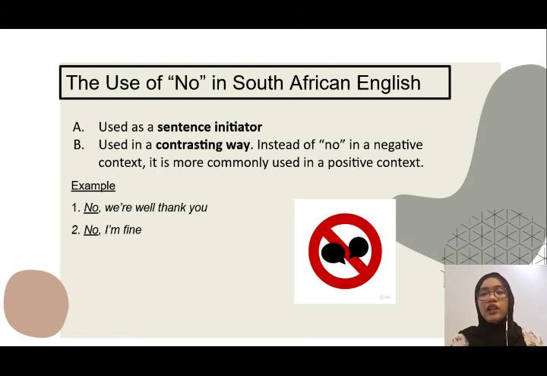However, in South African English, no can be observed to be used in a positive context too. Apart from that, in the previous situations, no is used as an initiator at the beginning of the sentences, and this is reflected in how it is used in South African English too.